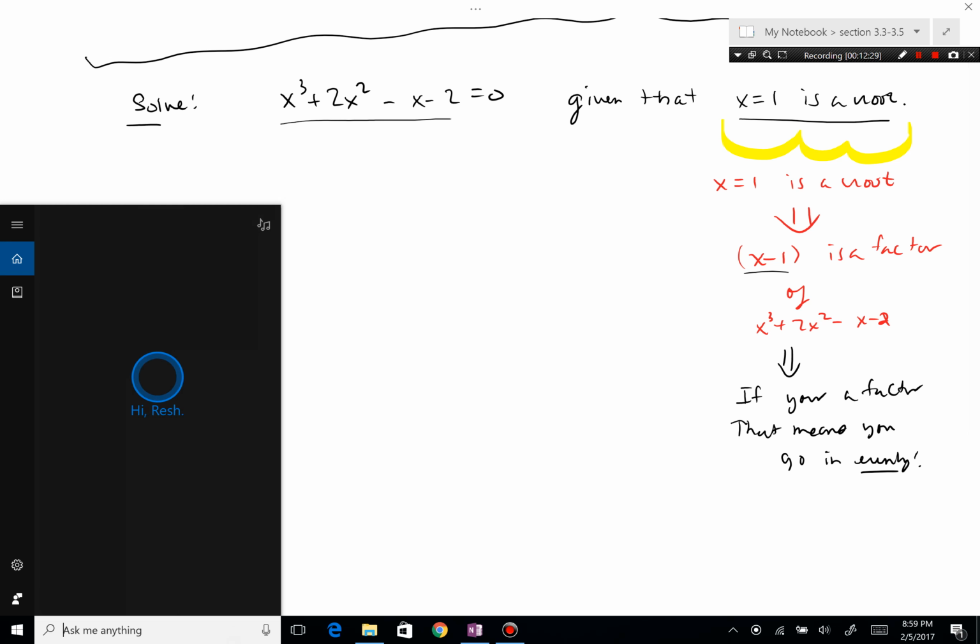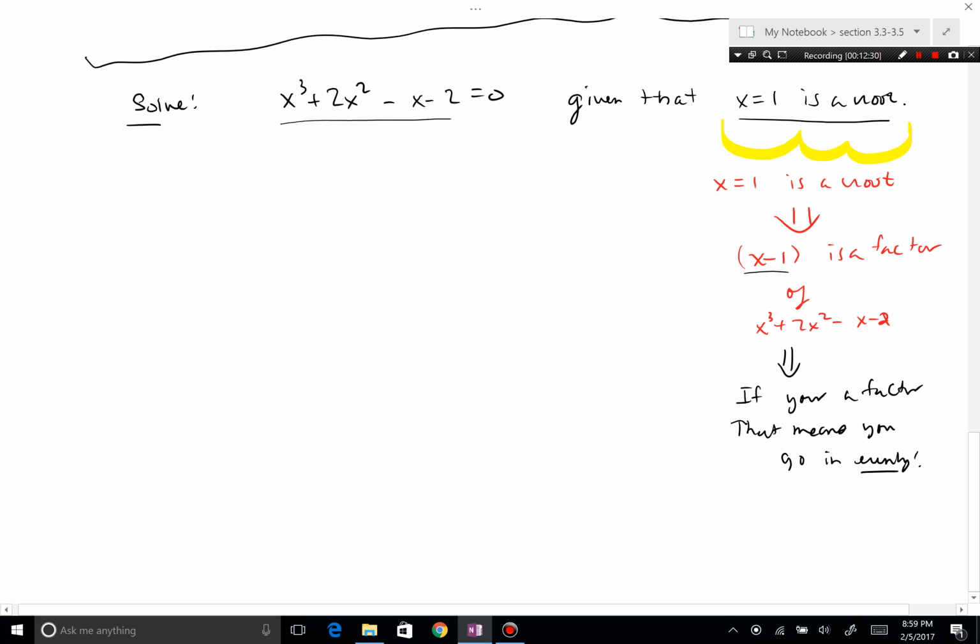That's the big piece of the puzzle here. So what does this mean? That means if x minus 1 goes into this guy, then I can long divide x minus 1 into x cubed plus 2x squared minus x minus 2. And there should be no remainder. Everything should go in perfectly evenly.